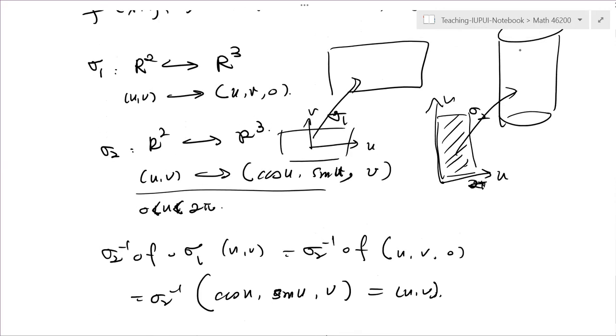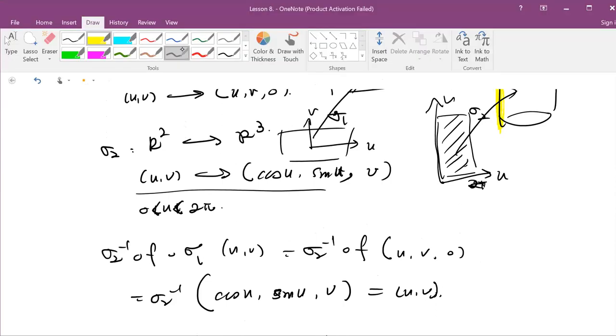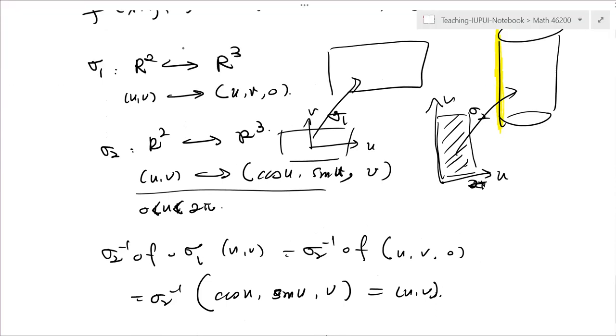So therefore, we almost prove F is smooth, but sigma 2 does not cover the whole cylinder. It does not cover this vertical line. By a similar argument, you choose another sigma 2 to cover this whole line. With that sigma 2, you will get another map, which is clearly also smooth.